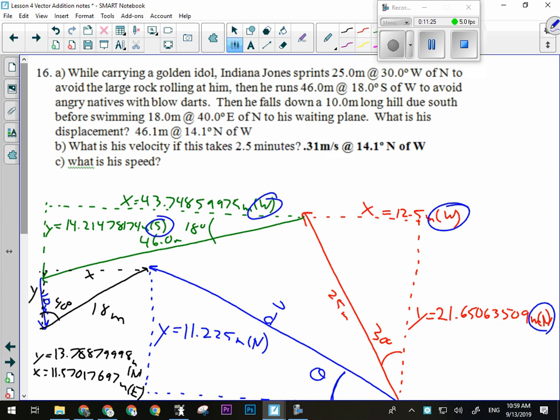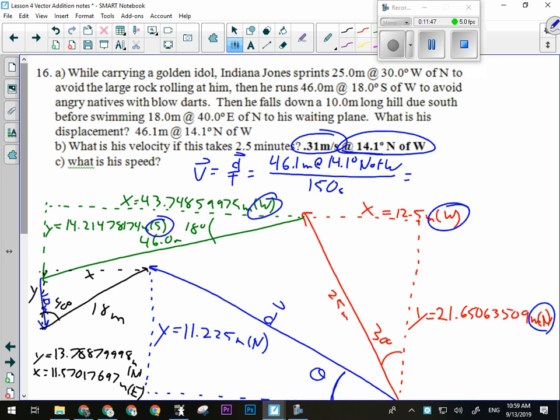So 2.5 minutes should be 150 seconds, right? So I'm going to say that v equals displacement over time. So that's going to be 46.1 meters at 14.1 degrees north of west, divided by 150 seconds. That should give me 0.31 meters per second in the same direction.